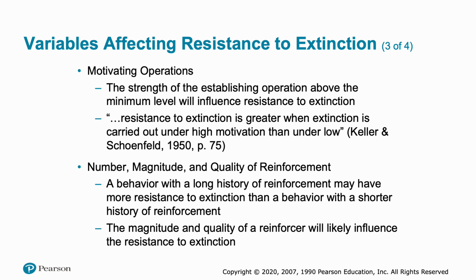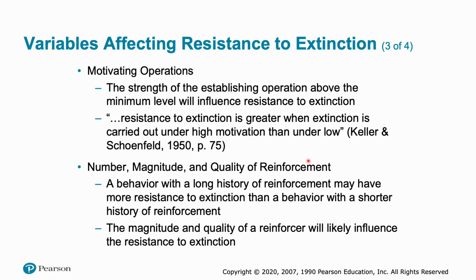Okay, and then the next one says number, magnitude, and the quality of reinforcement will affect the resistance to extinction. So a behavior that has a longer history of reinforcement may be more resistant to extinction than a behavior with a shorter history of reinforcement. This just has to do with mostly a learner coming to expect a particular reinforcer for a behavior.